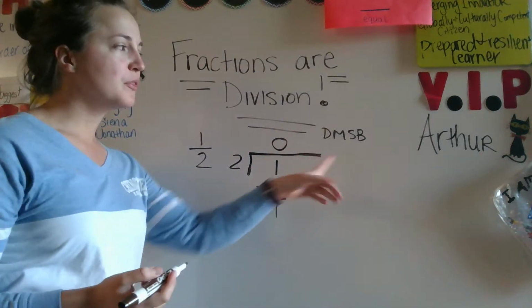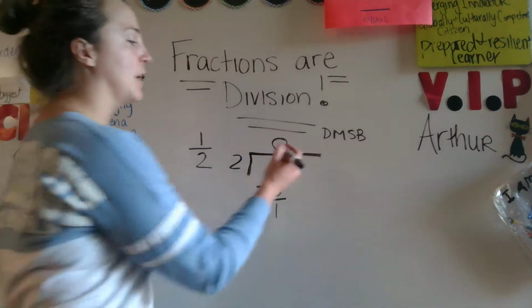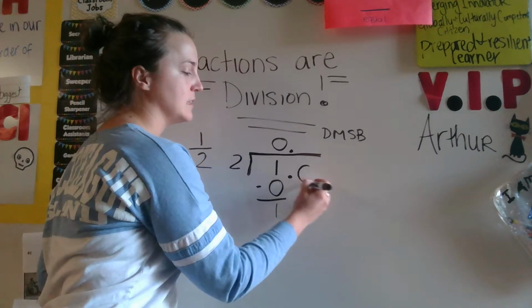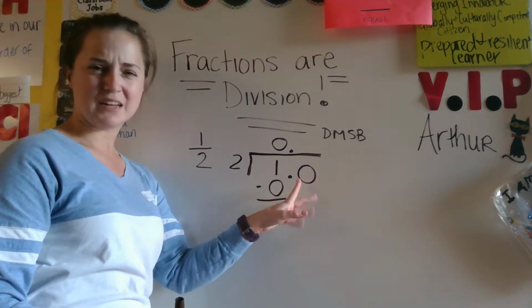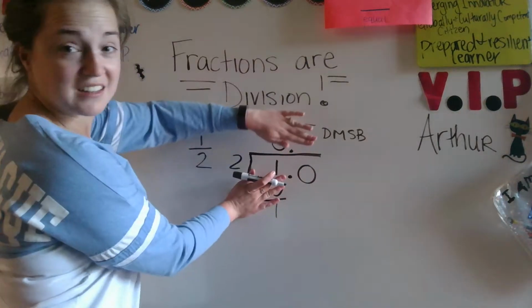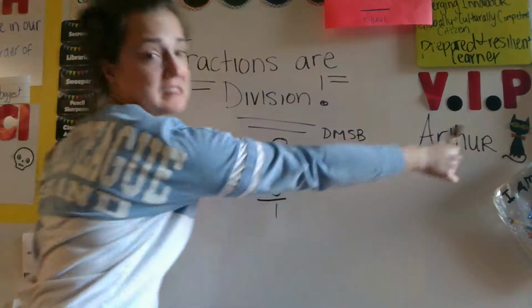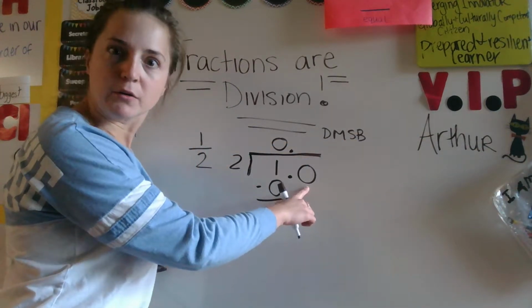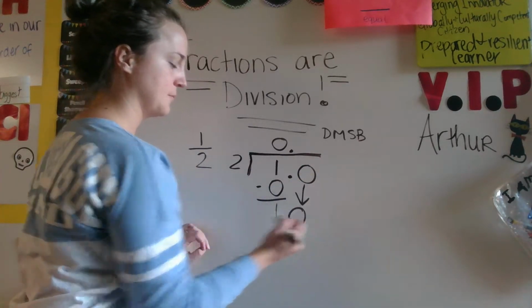And we don't have anything to bring down, right? But what we do now is add a decimal here. So we add a decimal and then a 0 after that, because when we add a decimal and put a 0 after, does that really change this number? No, it's still 1, right? We could add a bazillion zeros after the decimal and it's still a 1. So we would add just a 0, and then we bring it on down.